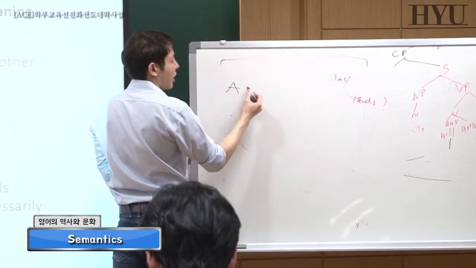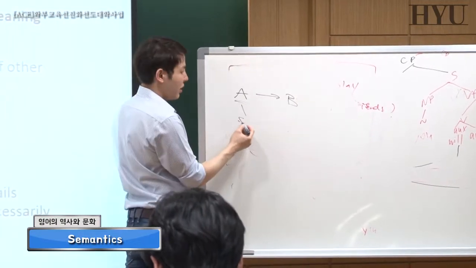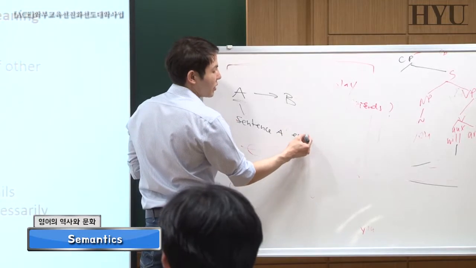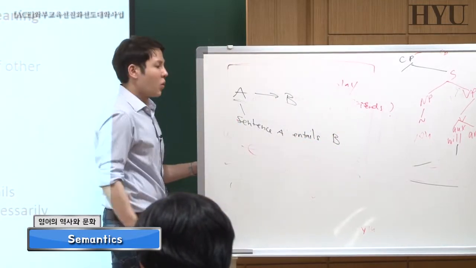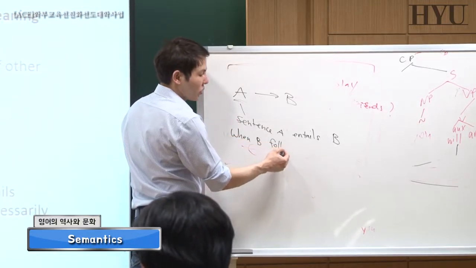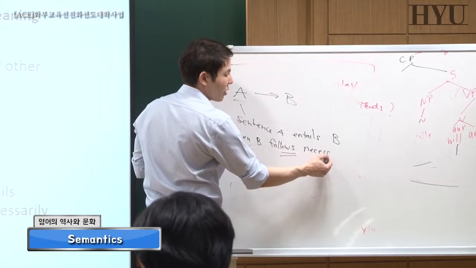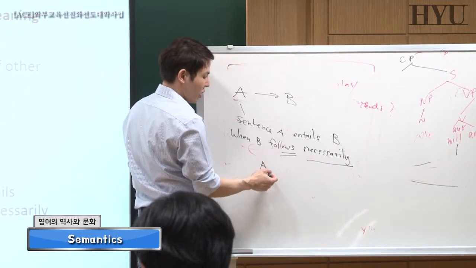So A entails B. A means sentence A. Sentence A entails sentence B when B necessarily follows from A.